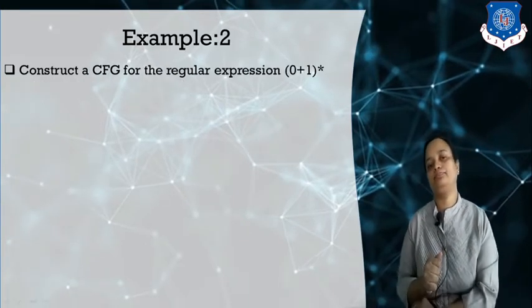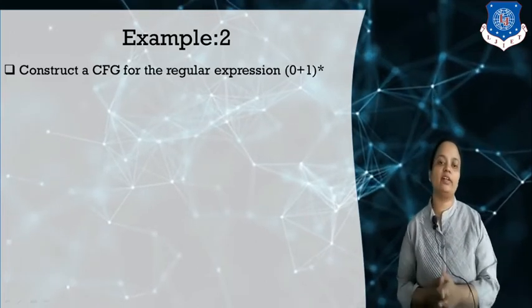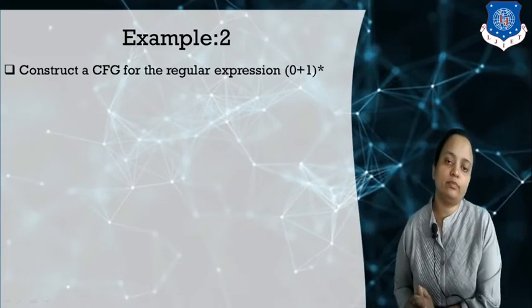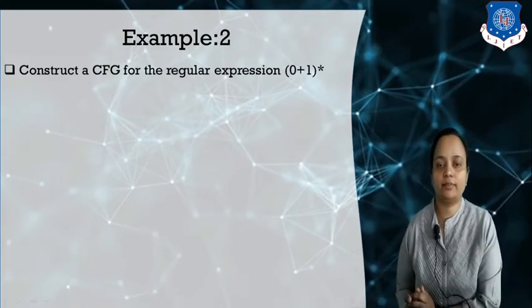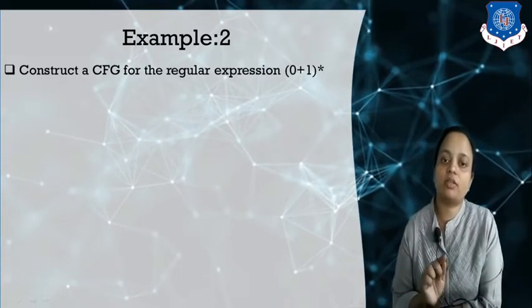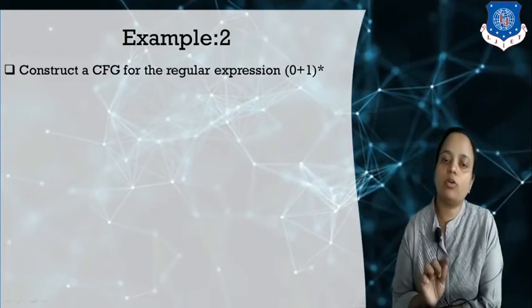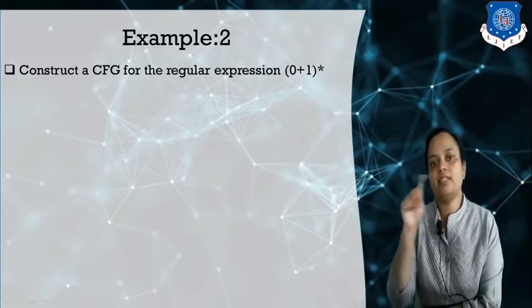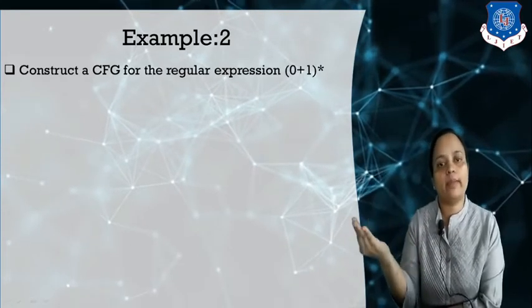Example number 2. Now they have given the regular expression directly and we need to convert it to a context-free grammar. Now the term is given like (0 plus 1) star. So always remember, 0 plus 1 in a regular expression, plus means either or. Either you can take 0 or you can take 1. And star means that this term is repeated 0 or more times.